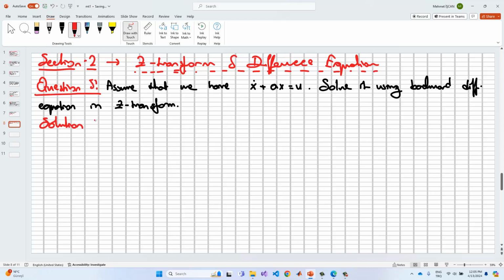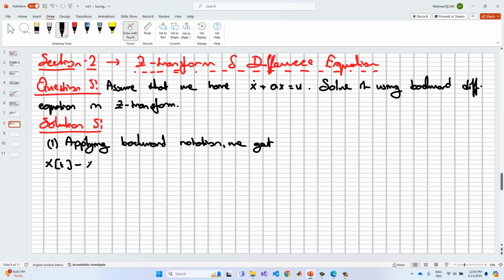So the solution can be written like, firstly, applying backward notation, we get x[k] minus x[k minus 1] divided by dt must be equal to what?